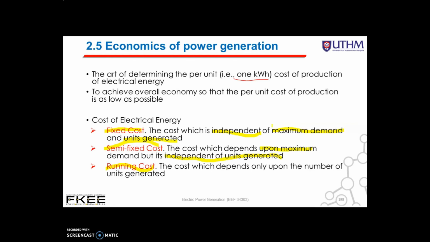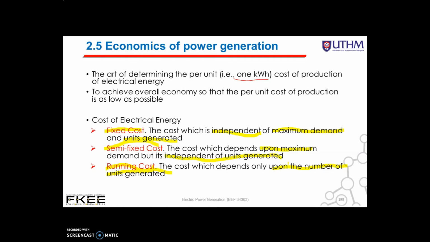And the third one is the running cost. It is the cost which depends only upon the number of units generated. The running cost is on account of annual cost of fuel, lubricating oil, maintenance, repairs, and salaries of the operating staff.